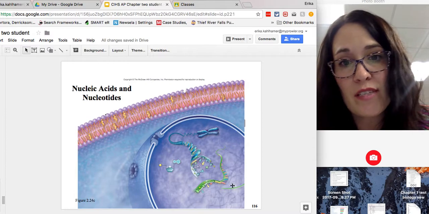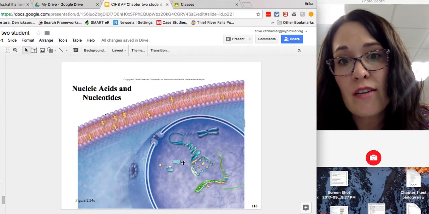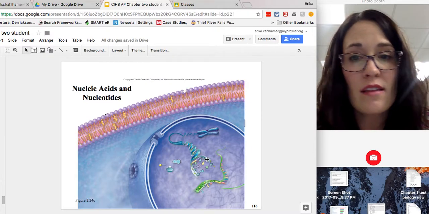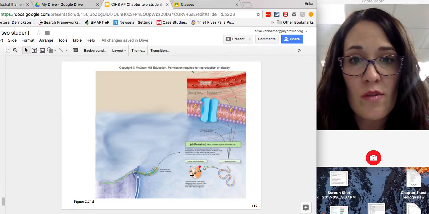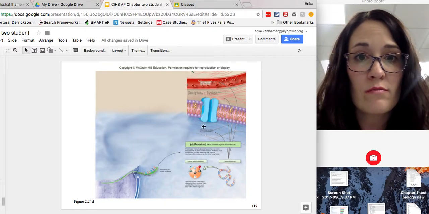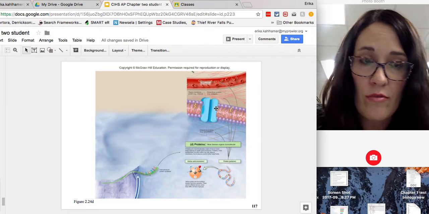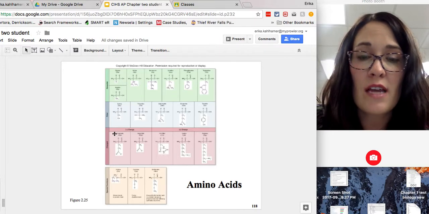Nucleic acids, we see RNA and DNA inside the nucleus. Here are the nucleotides that you use to make them. And then the proteins, here are amino acids that are linked together to form large proteins that have many different roles in the body. And here are the 20 different types of amino acids.